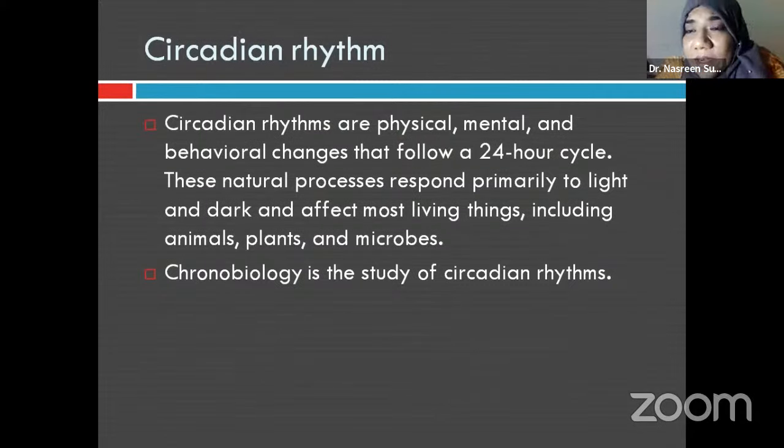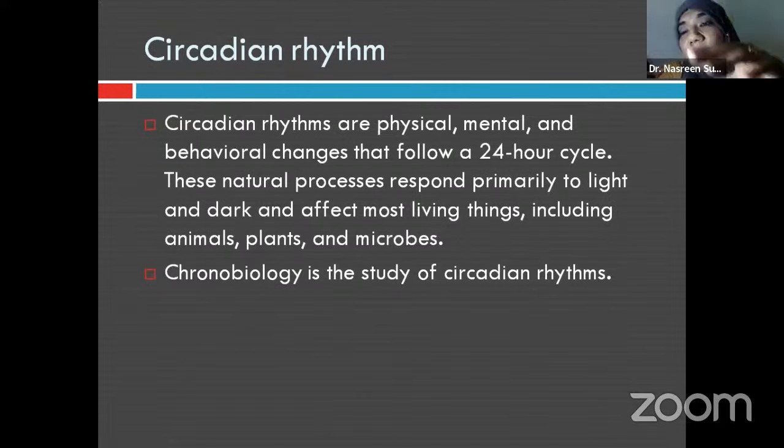And you have circadian rhythms. Circadian rhythms means what? They are physical, mental, and behavioral changes that follow a 24-hour cycle. So if you have a habit of getting up at 8 o'clock in the morning, then if you continue this for 10-15 days, on the 16th day also you will get up at 8 o'clock automatically.